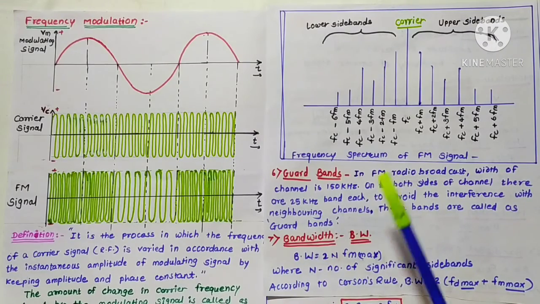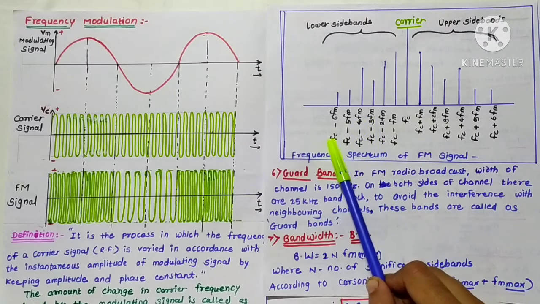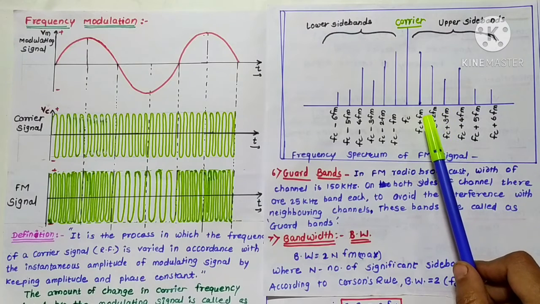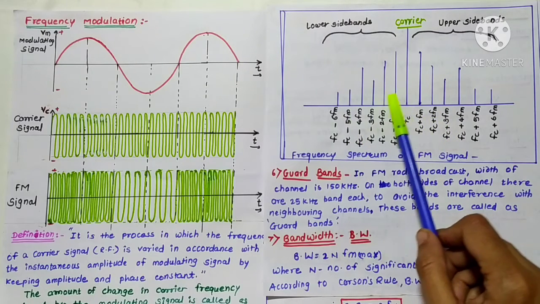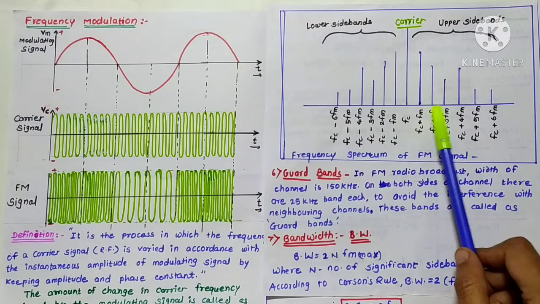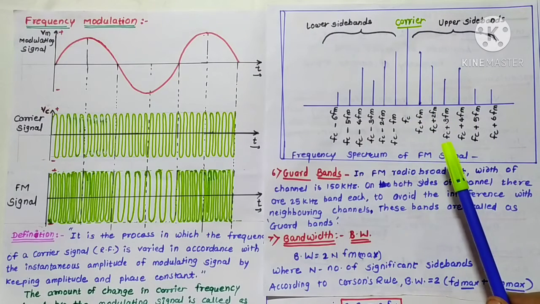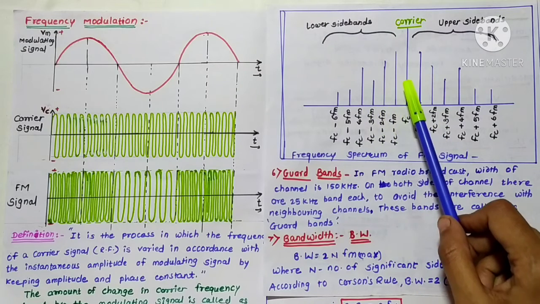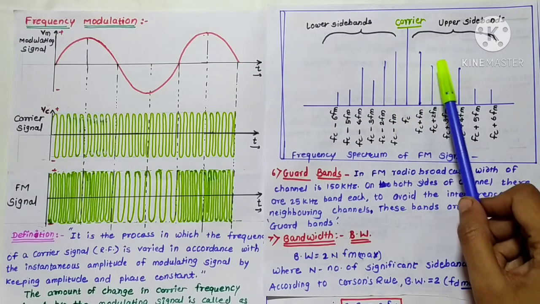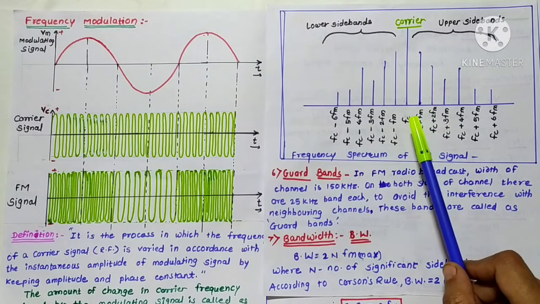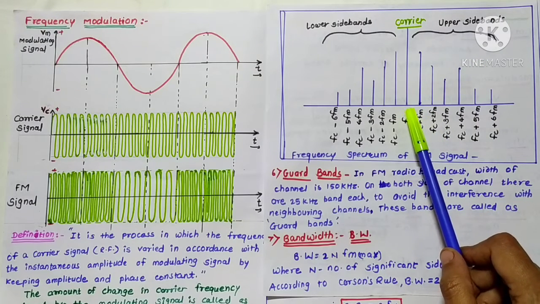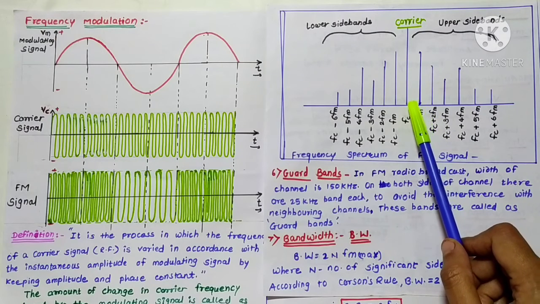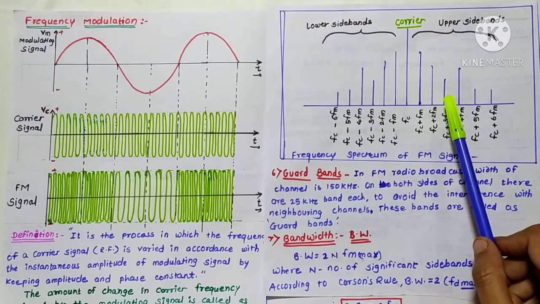Now, students, look at this frequency spectrum of FM signal, and this frequency spectrum gives the number of sidebands present in FM signal with this carrier. Okay, students? So, in frequency modulation, theoretically, an infinite number of pairs of upper and lower sidebands are generated. In this figure, you can see the spectrum of a typical FM signal, produced by modulating a carrier with a single frequency sine wave.